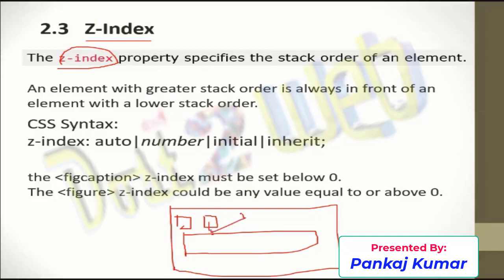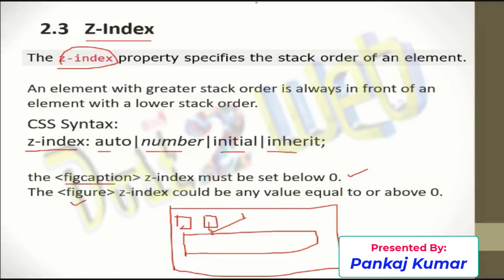So to overcome this, we need to add the Z index property. To use it, you write z-index, then either auto, a number, initial, or inherit. For figcaption, the Z index must be set to 0, and for figure, the Z index value could be equal to or above 0.